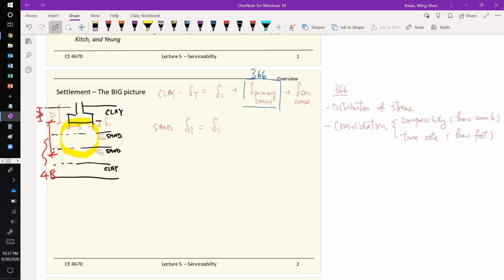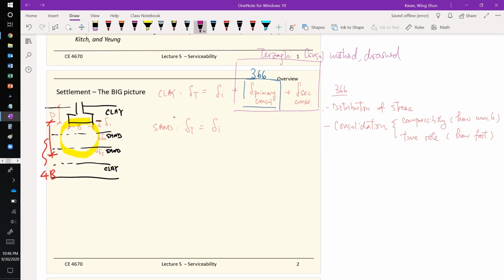So we need to understand overall when to use drained and when to use undrained. In general, we learned this in 366, right? For clay consolidation, we can solve this using the Terzaghi consolidation method.